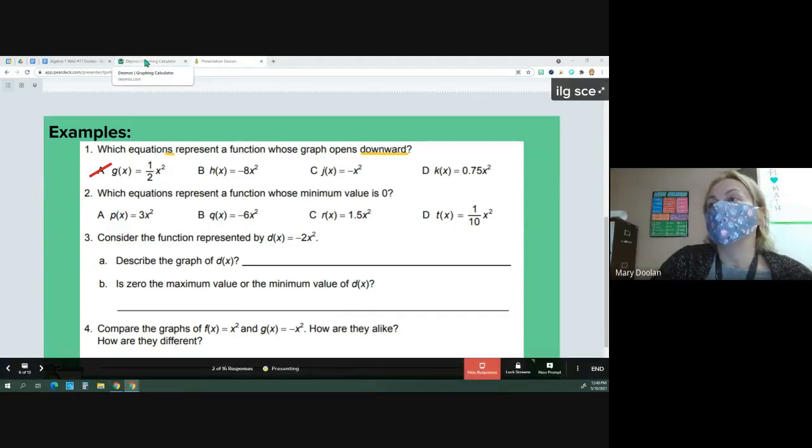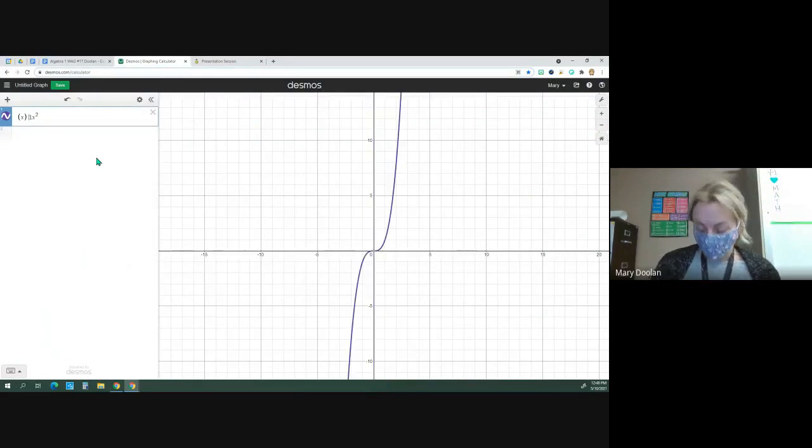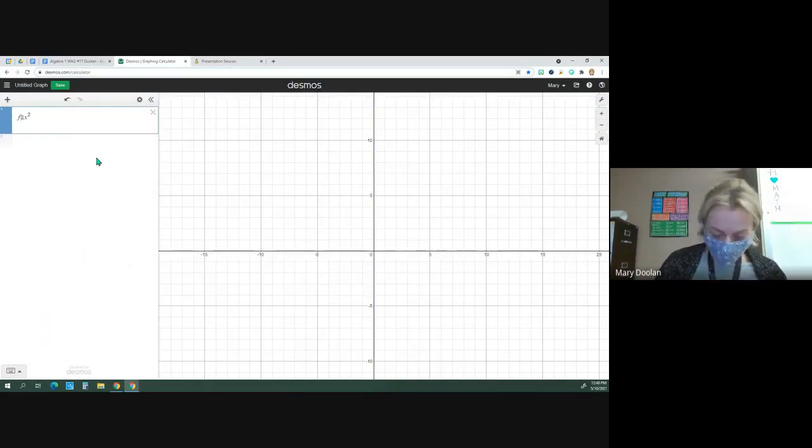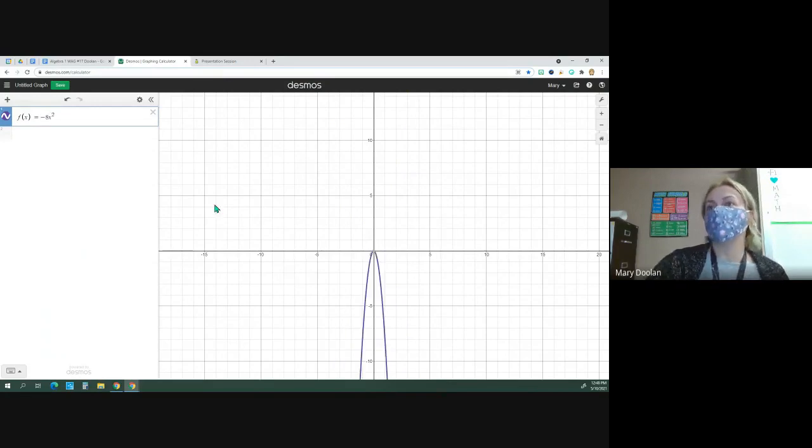And you could even come to Desmos and check that. Yeah, I'm getting all kinds of funky stuff because I erased too many things. Okay, f of x equals -8x squared. It does open downward, okay?